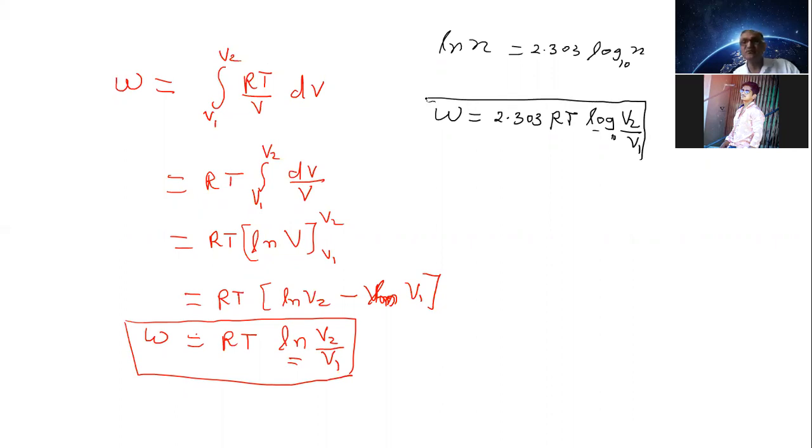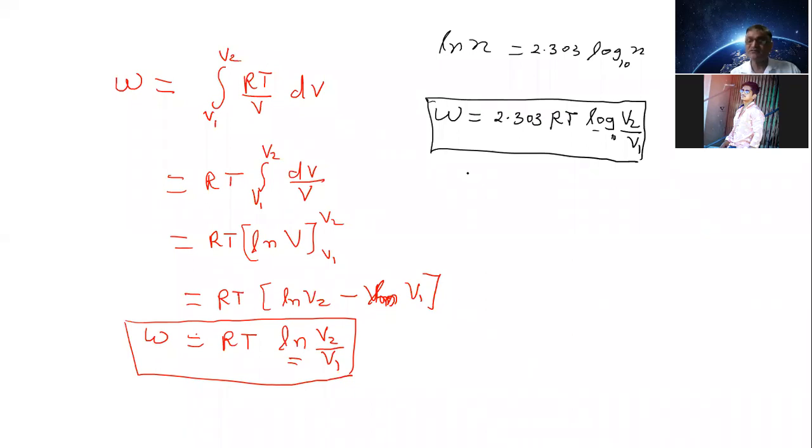Therefore, this is our expression: W is equal to 2.303 RT log of V2 upon V1. This is the expression for work done by the gas during the isothermal change.